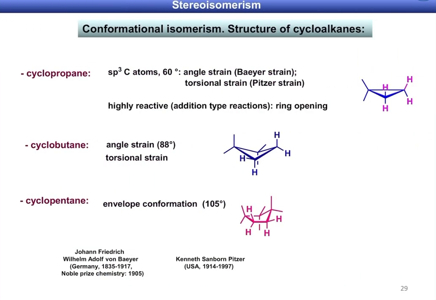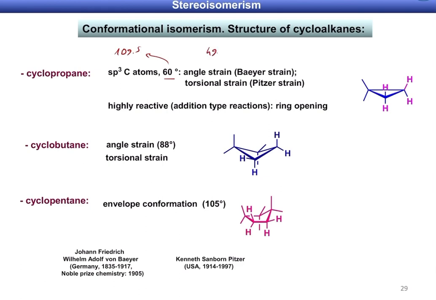Also, in the conformation of the isomer, we can also compare to the cycloalkanes. Cyclopropane is a special case because angle is 60 degrees, but we know the sp3 angle must be 109.5. As you see here, in the mathematical form, the angle of the triangle is 60.